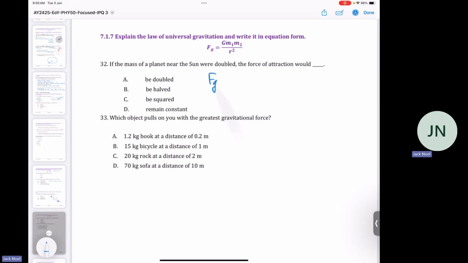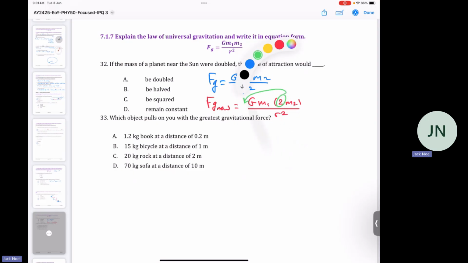According to the formula, Fg equals G m1 m2 over r squared. If one of the masses is doubled, here they said the sun's mass is doubled, what's going to happen to the attraction force? Take it this way: Fg new equals G m1, and you're doubling m2, over r squared. Because it's a multiplication, when you have a product, just take the 2 out.